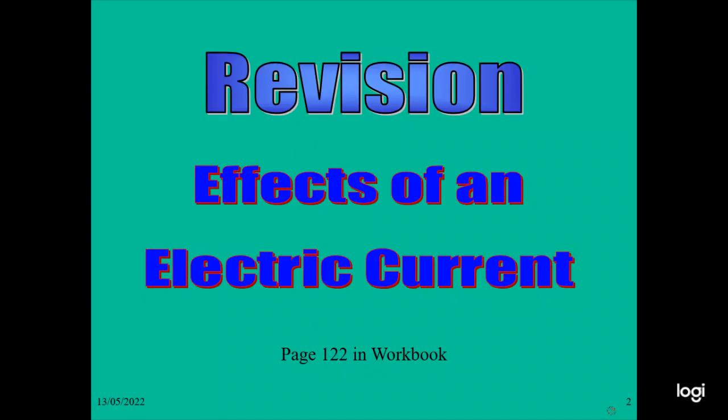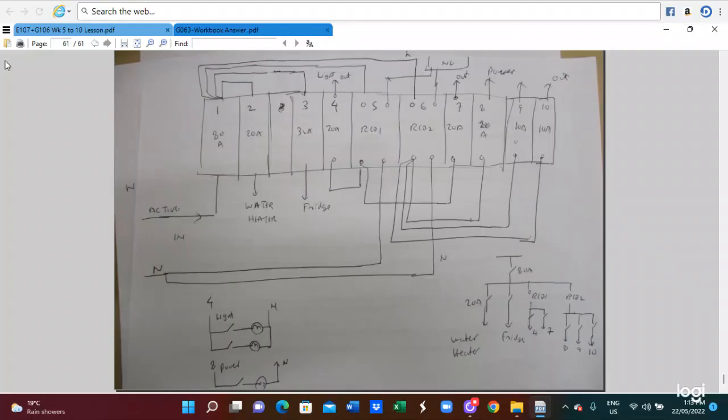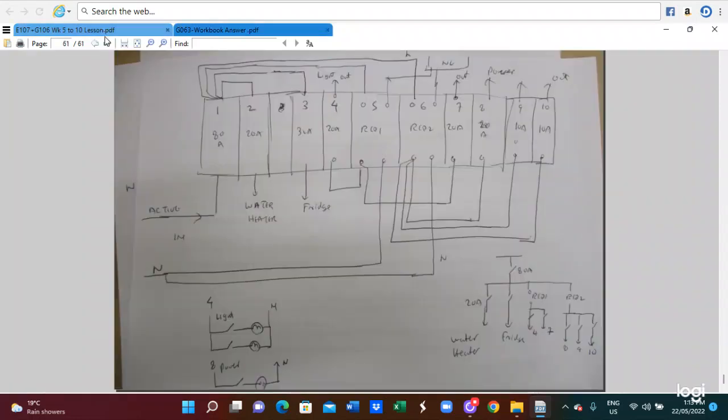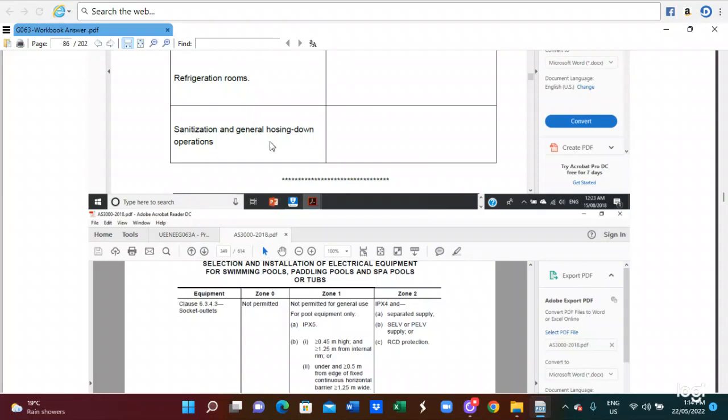So we also have to do E107 and G106. This is the E107, G106, we finish. Then we also talk about the G106 answer for the electrical trade 2.